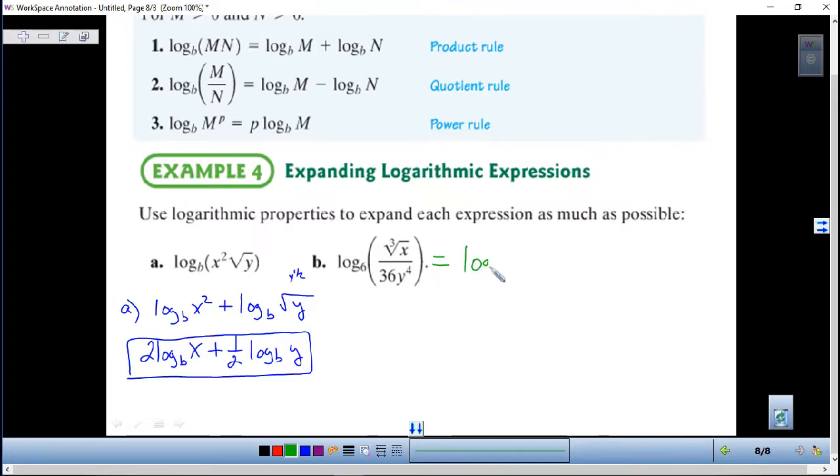So we're going to have log base 6 of the top, the cube root, actually let's go ahead and rewrite it. Remember, a cube root of x is nothing more than x to the 1/3. And then we're going to subtract the log base 6 of the bottom, which is 36y to the 4th.